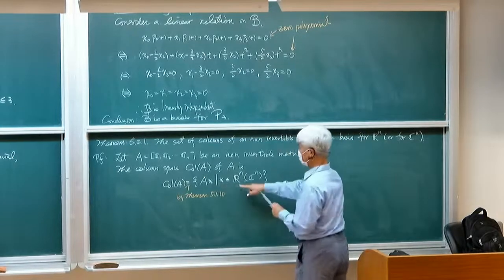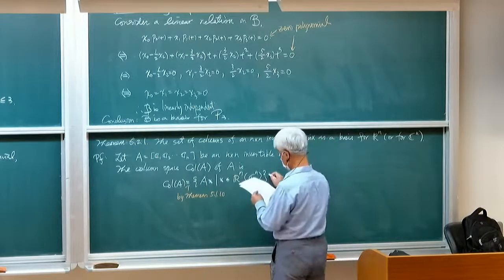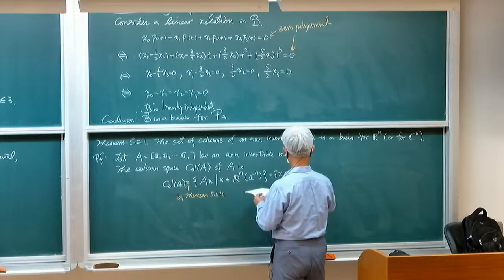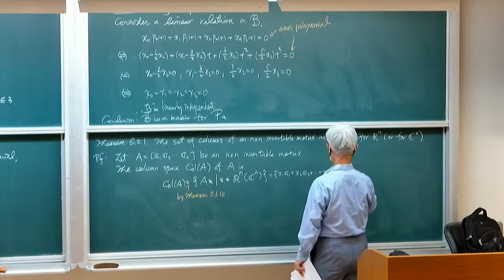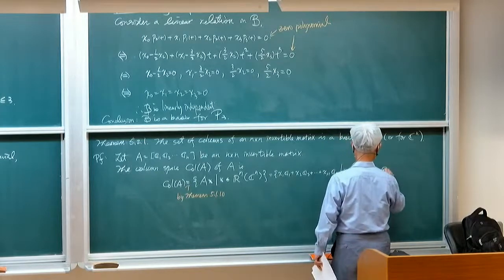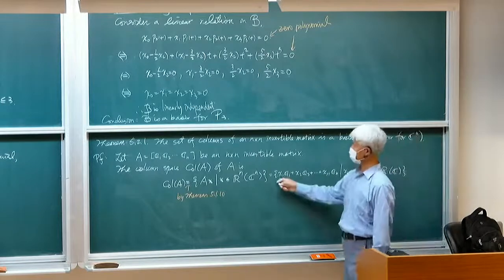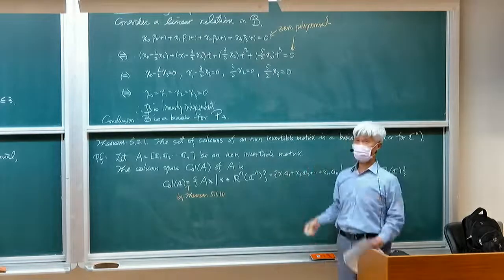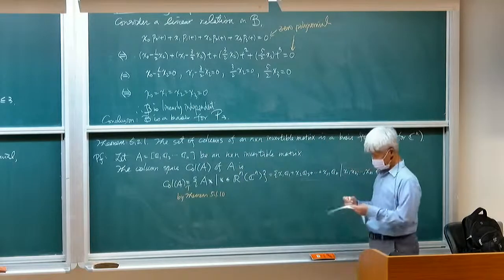So the column space is this one, and also we know this is x1 a1 plus x2 a2 and so on. So exactly, the column space is just the set of all linear combinations of columns of A.